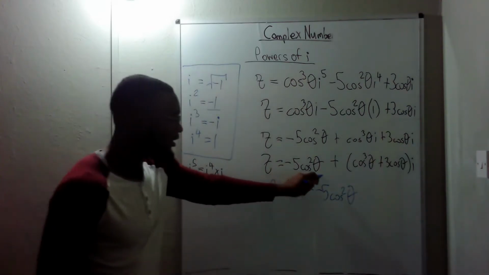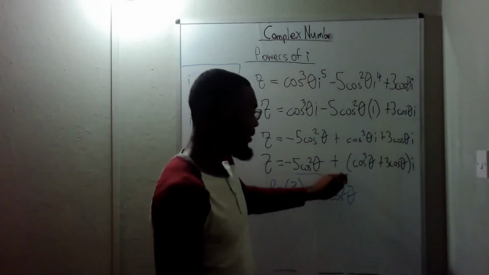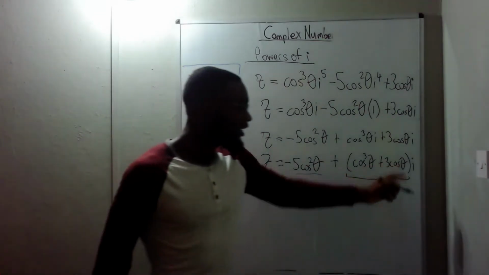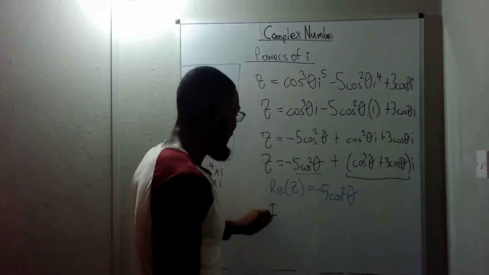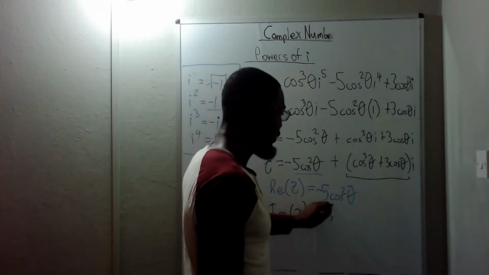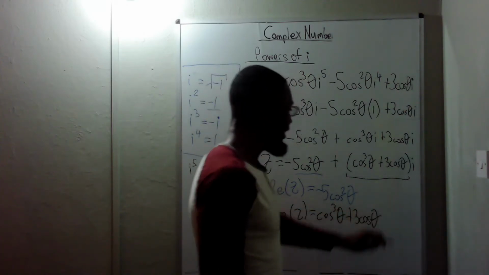That's the real part. And the imaginary part is this right here. The imaginary part is cos cubed theta plus 3 cos theta.